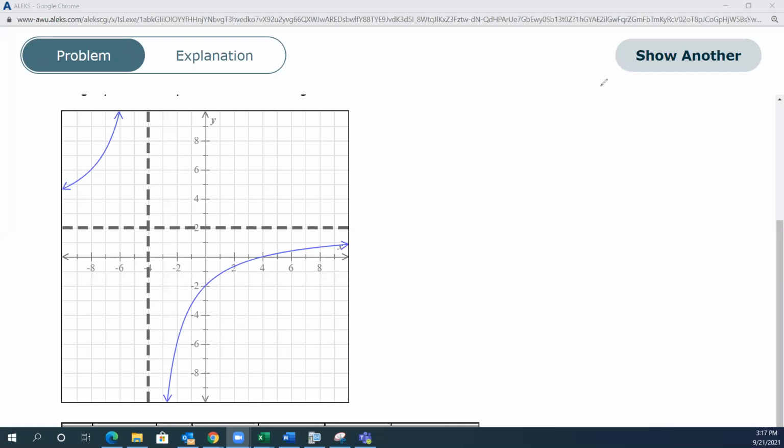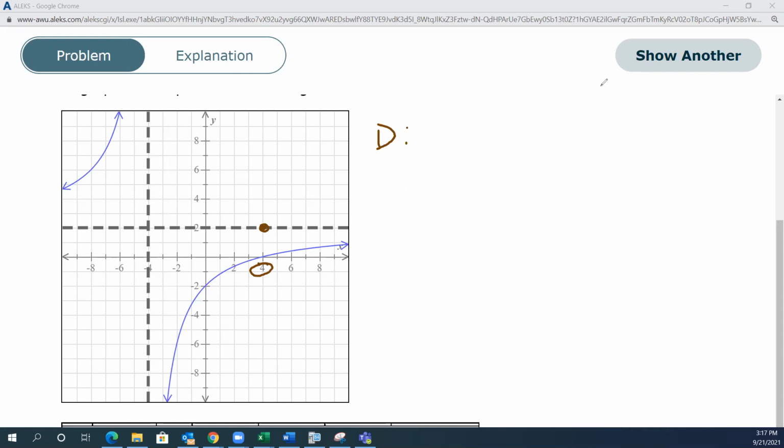Okay, so now we've got to find the domain and the range of the function. This arrow right here means it's just going to keep going on forever to the left, forever and ever and ever. And this arrow here means it's just going to keep going on to the right forever. So it uses all x values except for -4. That's why there's a vertical asymptote there. Every other x value is used. Doesn't matter which one you pick. If you pick x equals 4, there's the point.